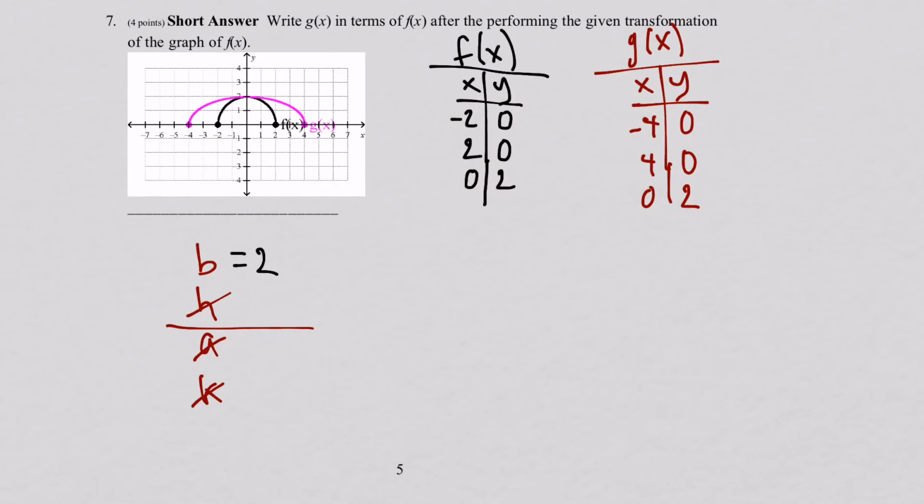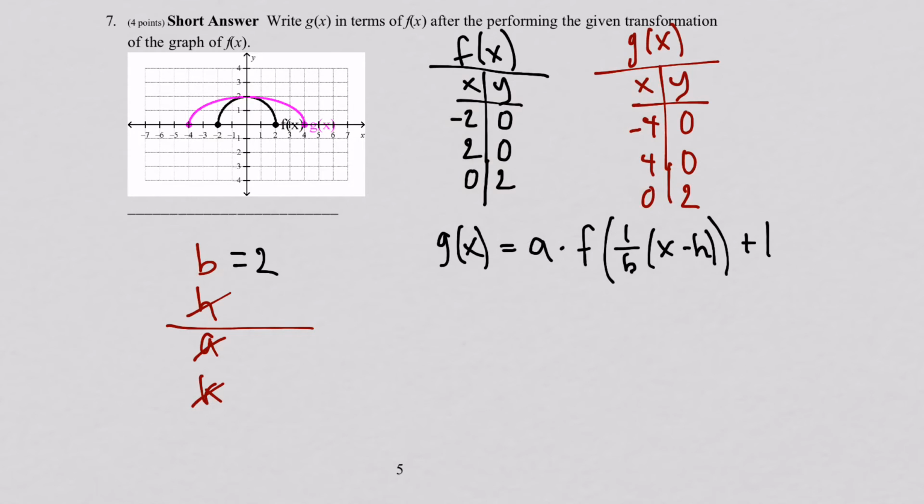Let's recall, if there's a function f of x, then the transformation of f of x is determined by this: a times f of 1 over b times the quantity x minus h, plus k. Since I don't have to worry about a, h, or k, all I have to worry about is b, then my transformation just becomes f of 1 over b x.